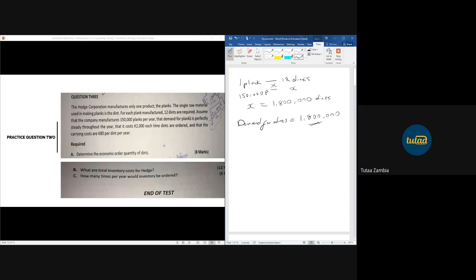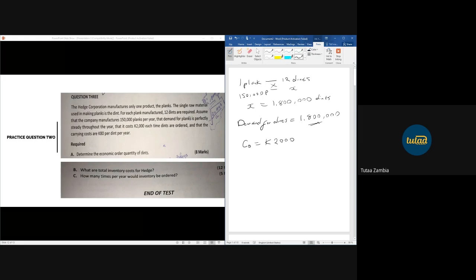From this question, what exactly is our ordering cost? We need to also find our ordering cost. The question goes on to say that demand for planks is perfectly steady throughout the year, and that it costs 2,000 kwacha each time dints are ordered. So our ordering cost is 2,000.